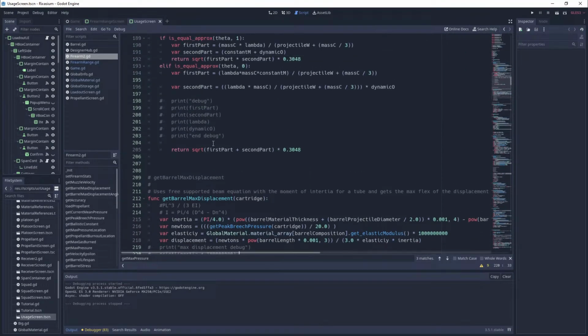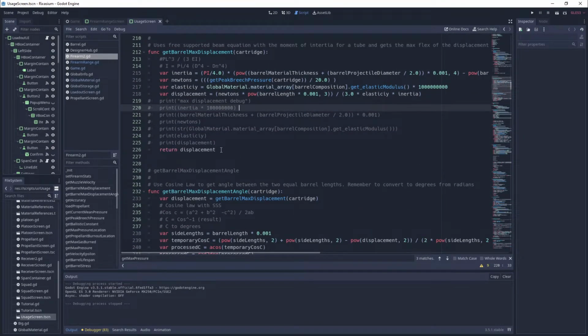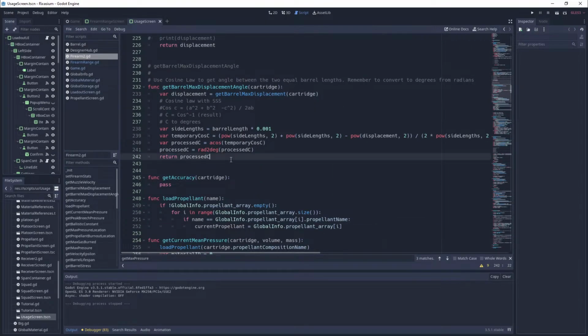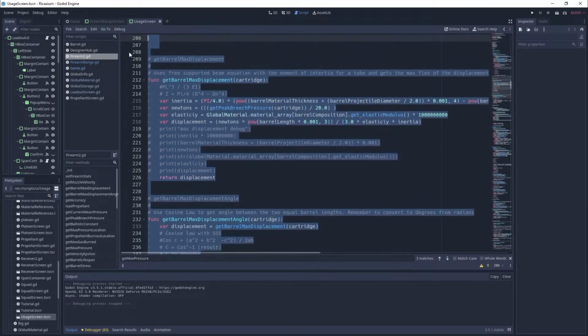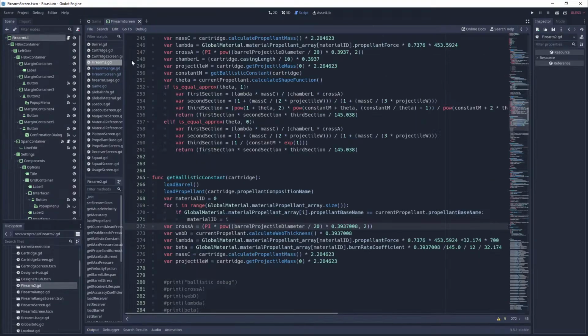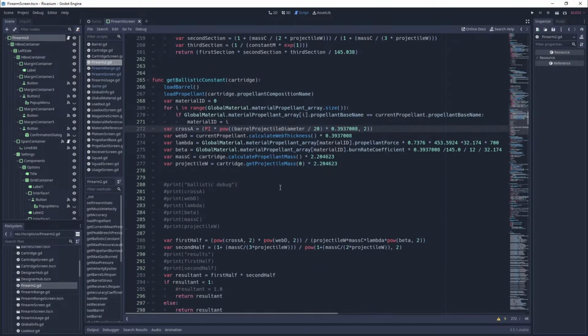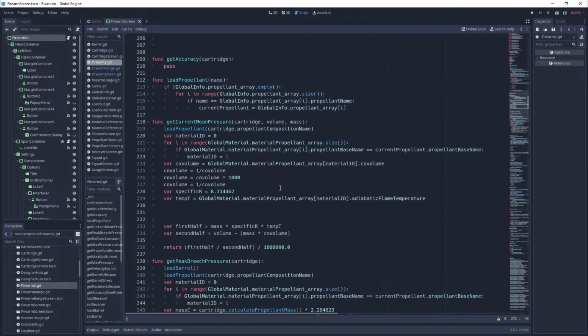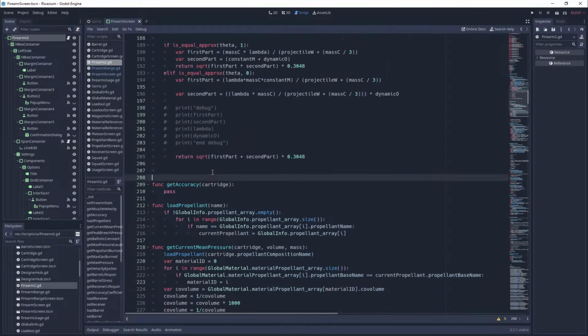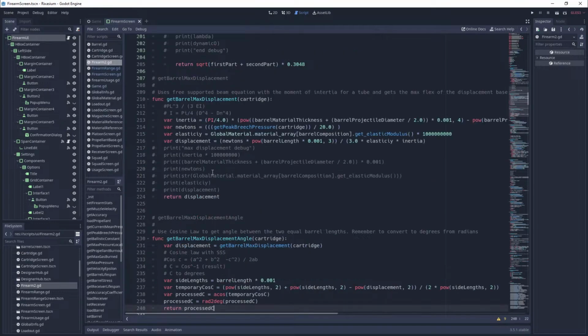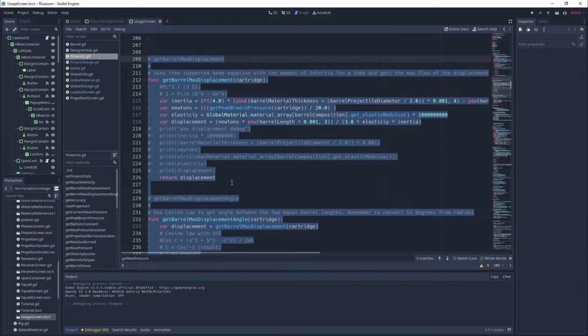Okay, now we just have to grab these two functions. So I put them here. This should still work.